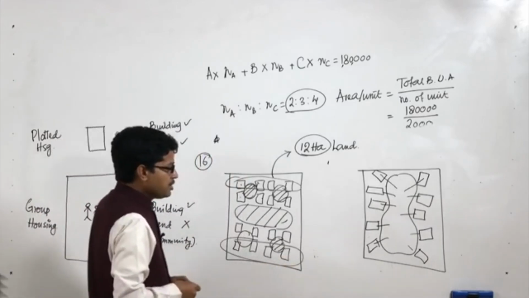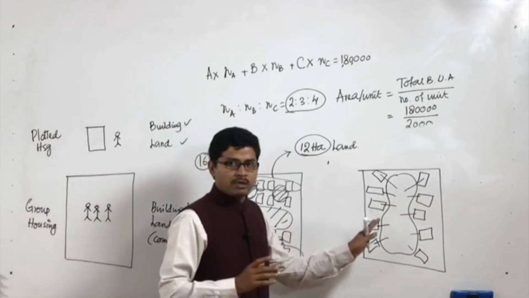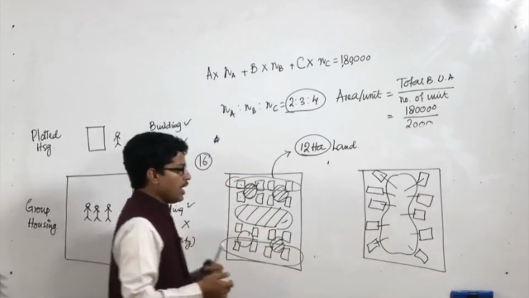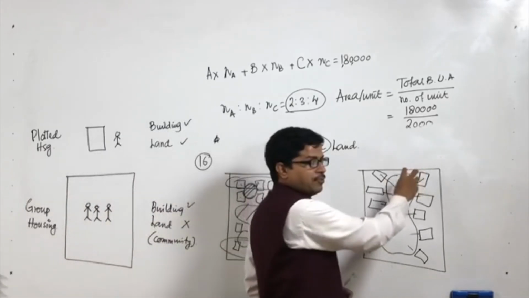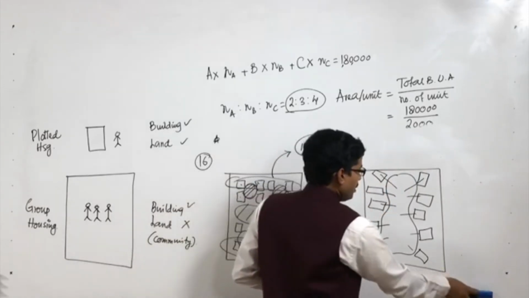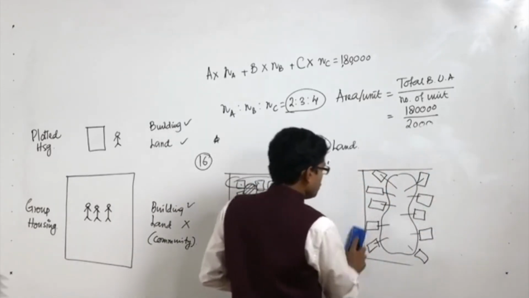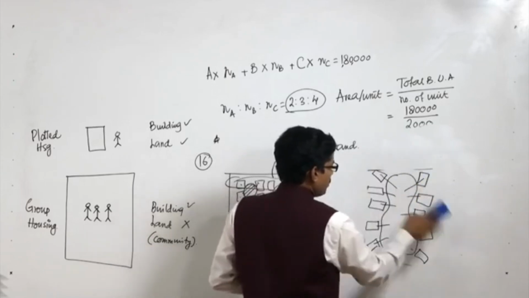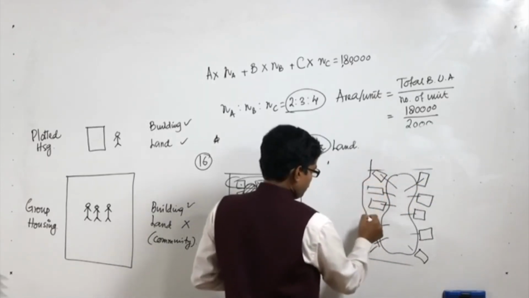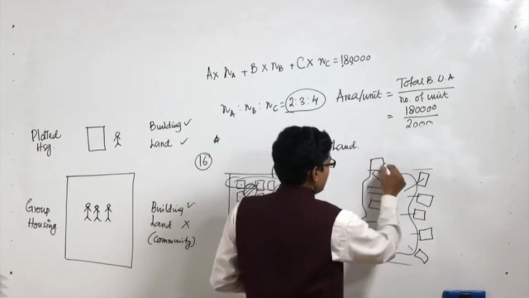So in group housing mostly you will find this kind of approach, because the advantage is that you can orient your building as per your site requirement. For example, the site could be very irregular. Usually we try to get regular plots, but in practical field you will find very irregular sites like this.